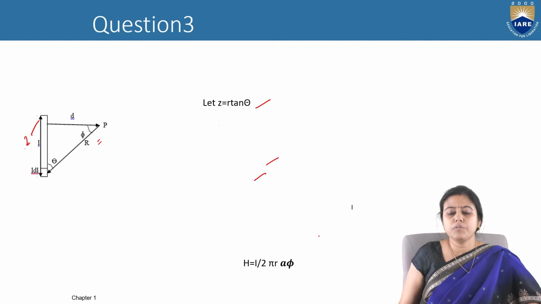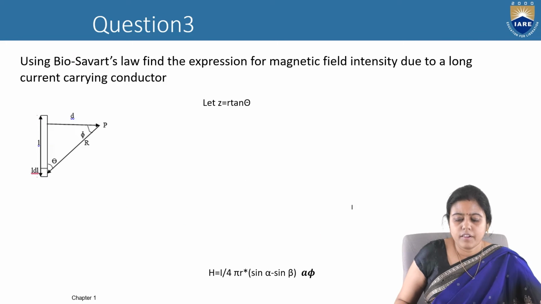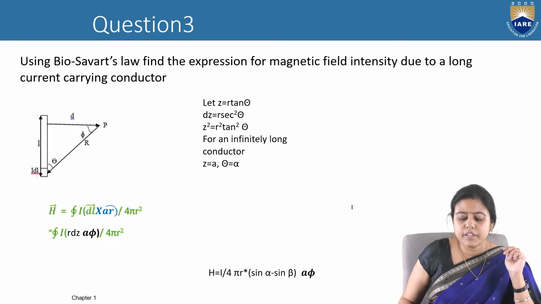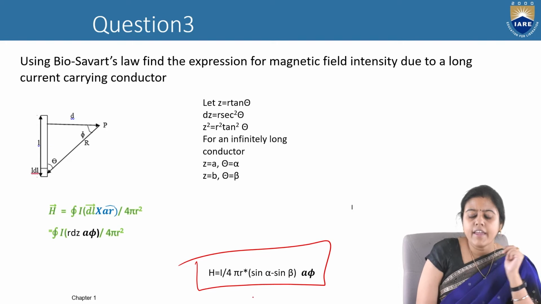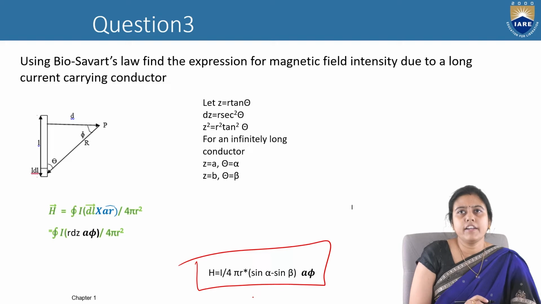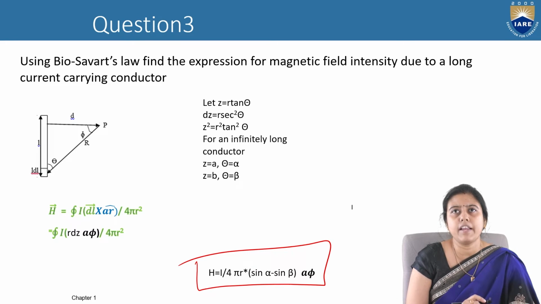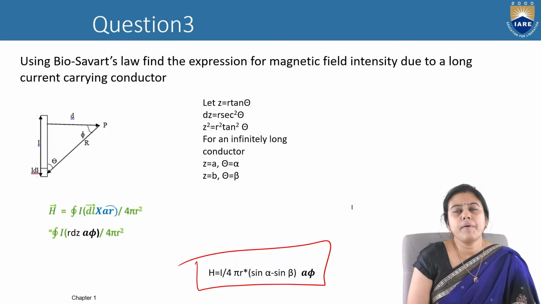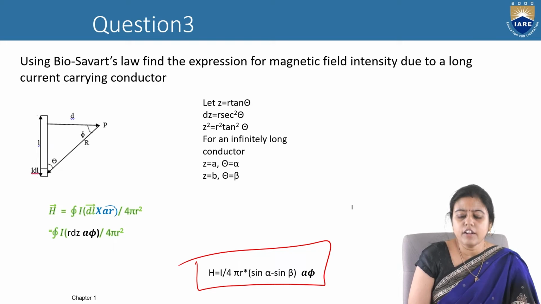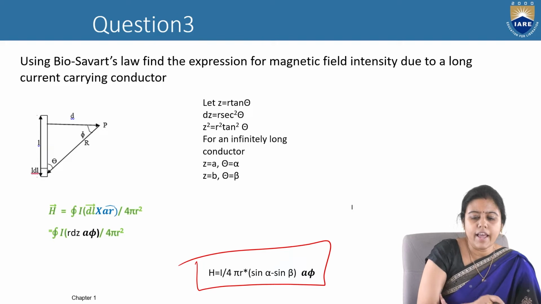After substituting the values, we get the value of H as I by 4 pi r into sin alpha minus sin beta a phi. So this is the Biot-Savart law result for a very long line.